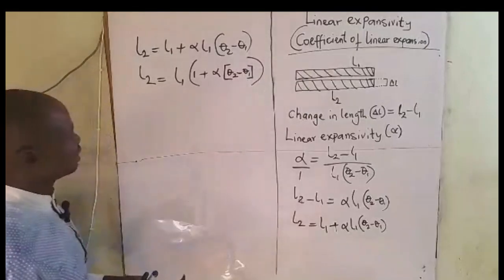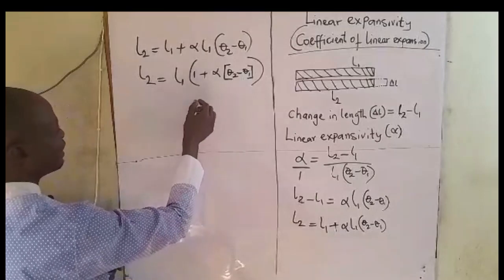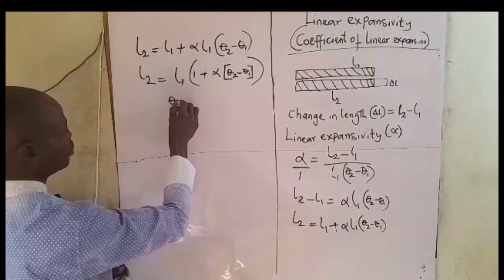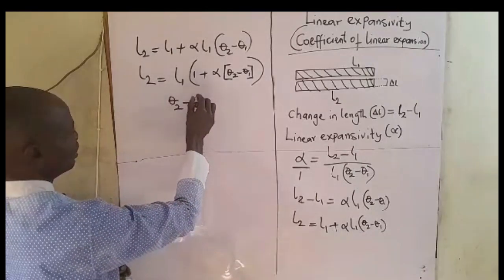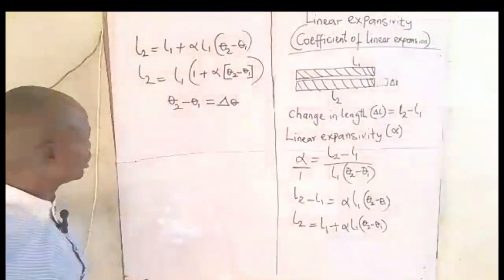So let us take theta 2 minus theta 1 to be delta theta, which is change in theta.